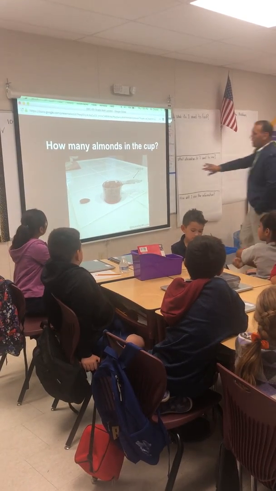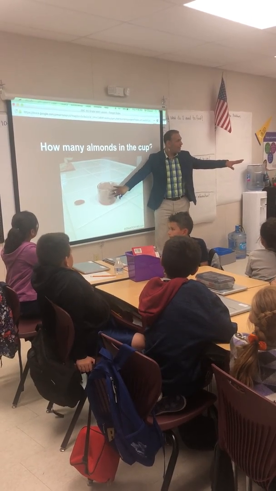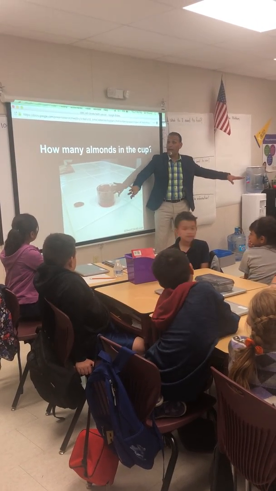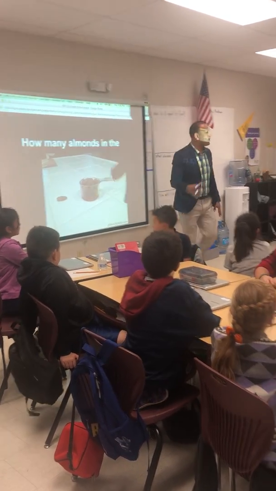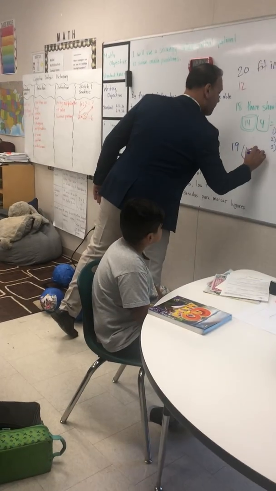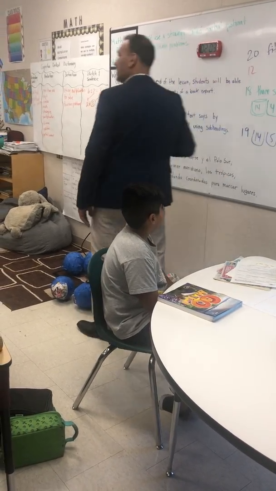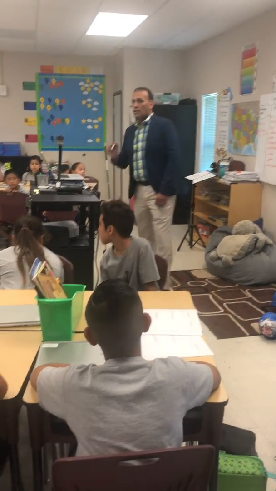He counted 14 right here in front. So you're saying, kind of like what Lila said, there's 4 in the back. You're thinking how many are in the back? 5. Okay. So kind of like what Lila did. She's saying, okay, we have 14 in the front, and I have 5 in the back. You guys following what she just did? Makes sense, right?